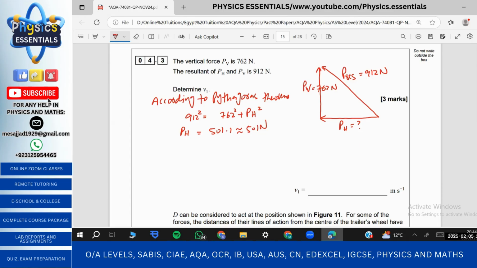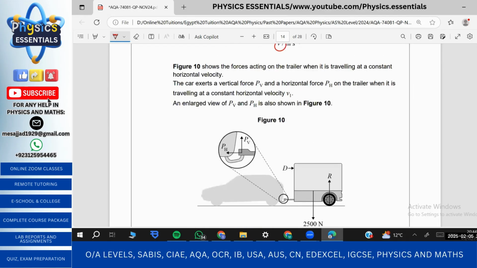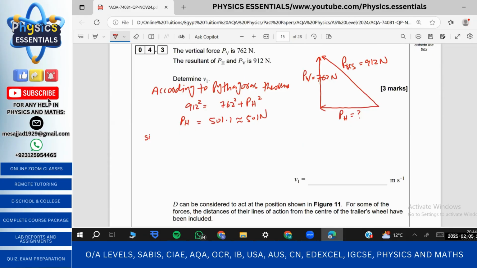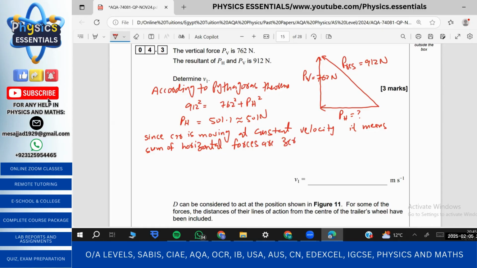Now, it is very important to know that they are telling you here that the car is traveling at a constant horizontal velocity. So it means, since the car is moving at constant velocity, the sum of horizontal forces is zero, right?